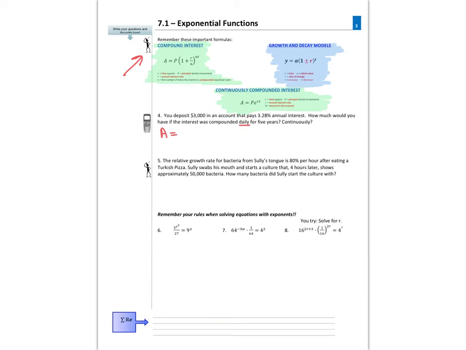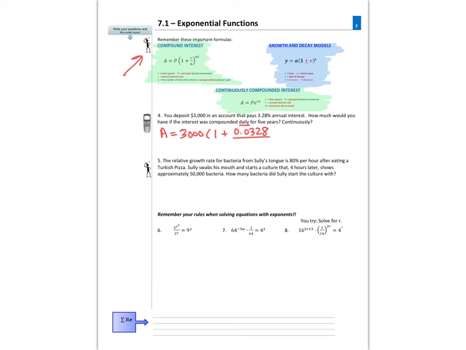Okay, so this would be A is equal to P. P is our amount we're investing, so we're investing $3,000. And let's see, then it's parentheses 1 plus R. R is our interest rate. Well, that's 3.28%, so you have to write it as 0.0328. Okay, you've got to change it to a decimal.